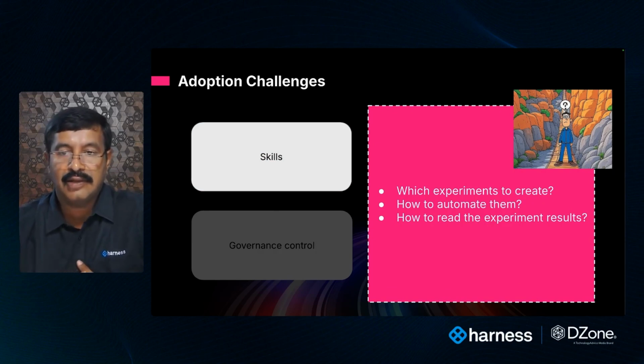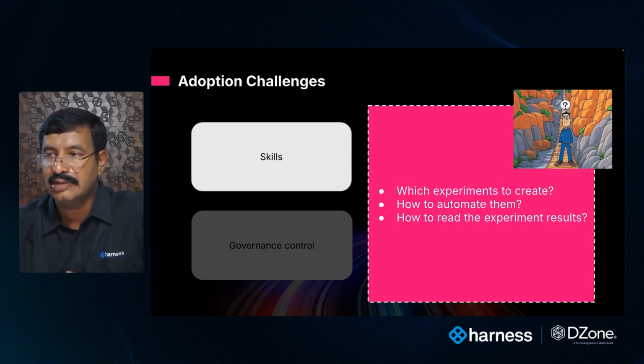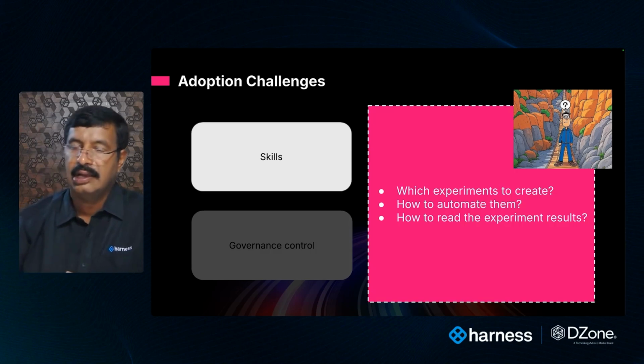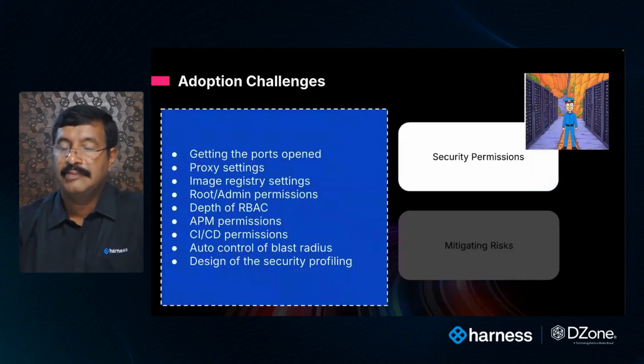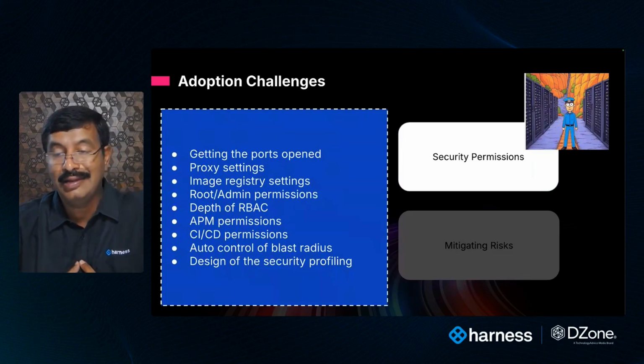So even if you have a few experiments, you'll still need to figure out what more experiments to create, how to automate them, and how to interpret these results, and so on and so forth. Primarily, the security permissions play a lot of hindrance role in the beginning for adoption as well as for scaling up. We'll talk about these things in a little bit.